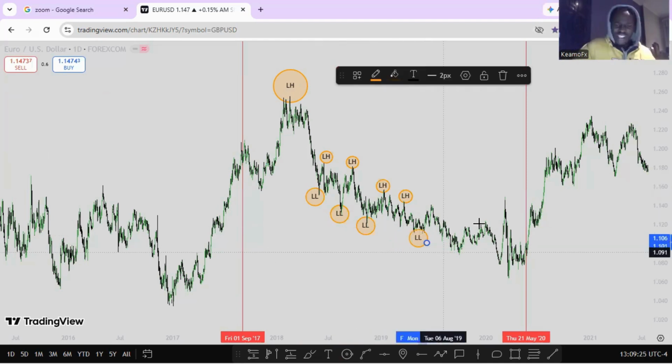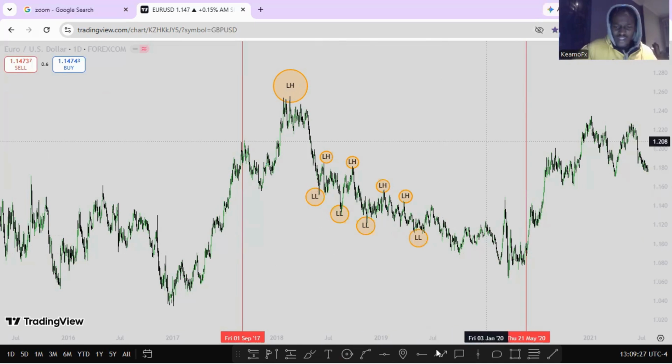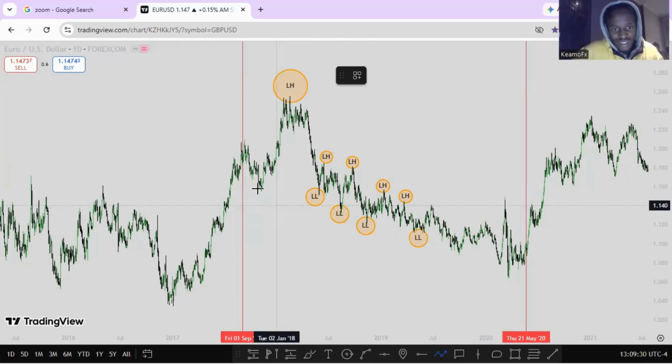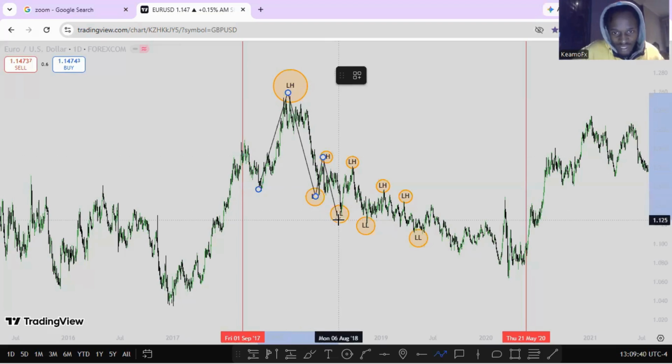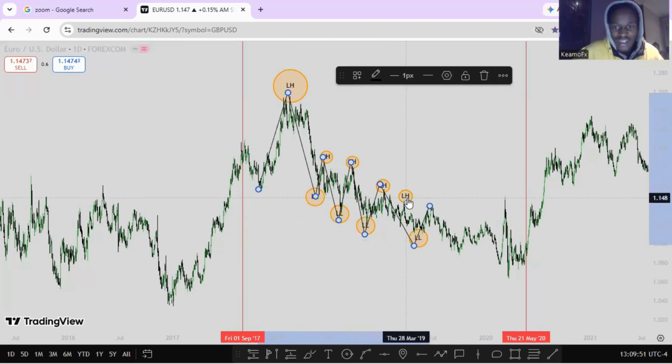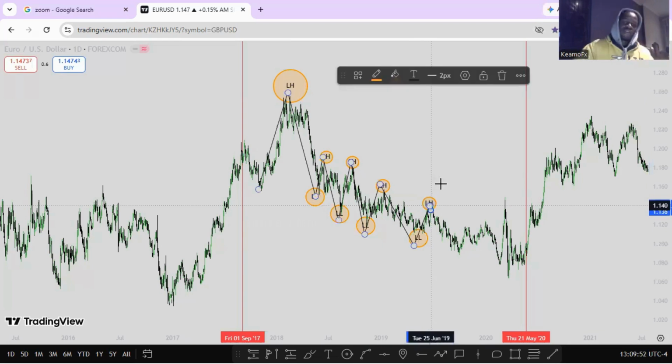So paying attention to the diagram that I've just drawn, remember, this is how it moves. It creates the high, lower high, goes down to the lower low, we move up, creating a lower high, go down, creating a lower low, lower high, lower low, and lower high, essentially, right?